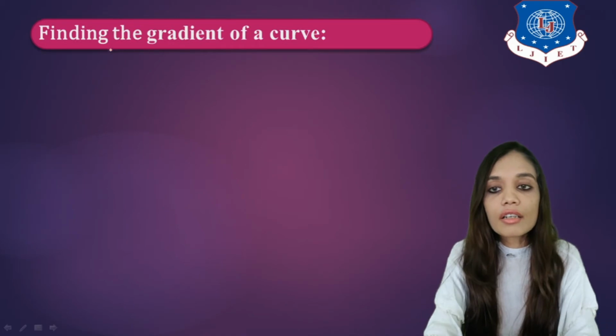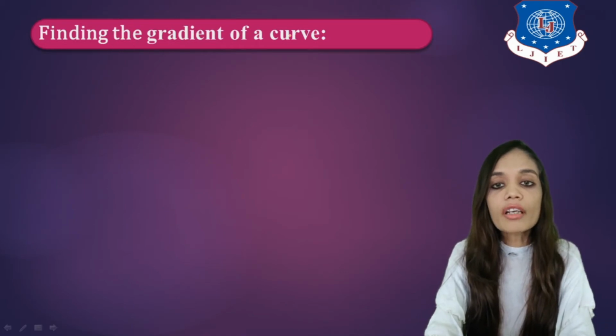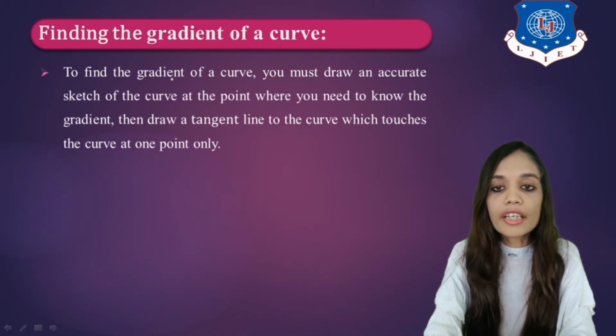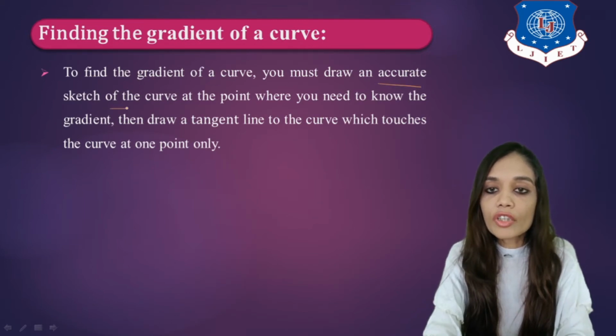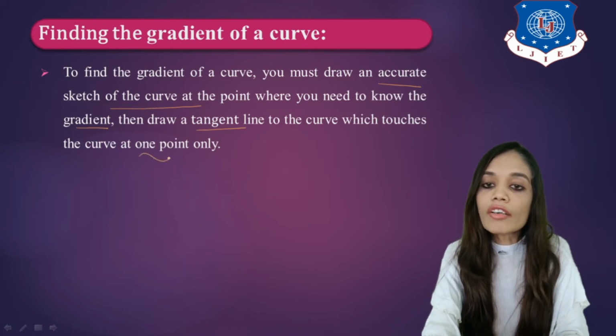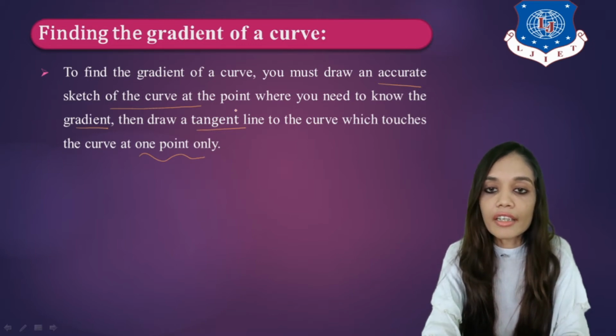Now let us learn to find the gradient of a curve. To find the gradient of a curve, you must draw an accurate sketch of the curve at the point where you need to know the gradient. Then draw a straight line to the curve which touches the curve at one and only one point, and this line is known as a tangent line.